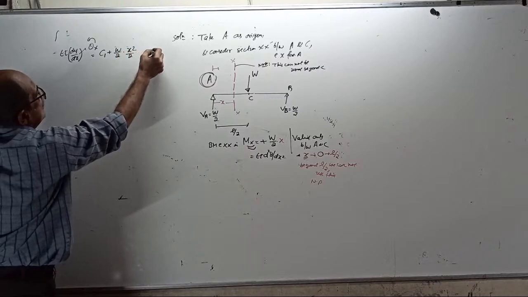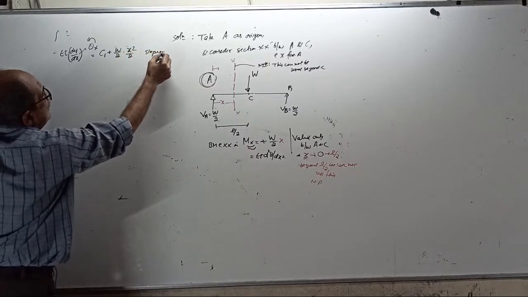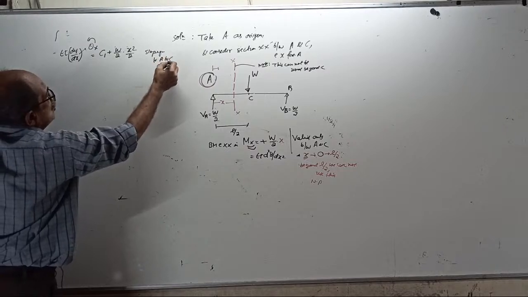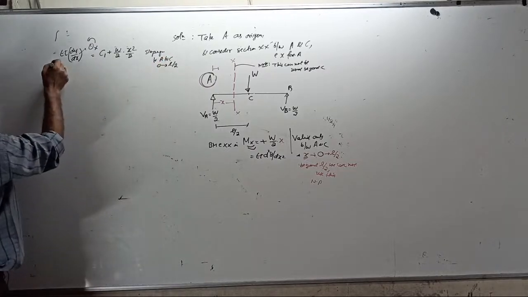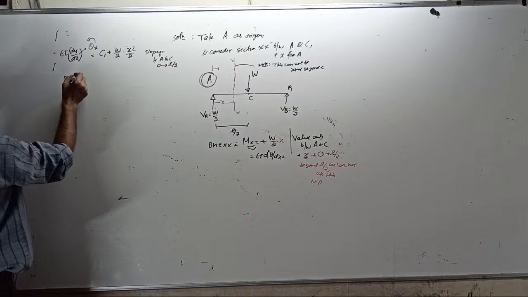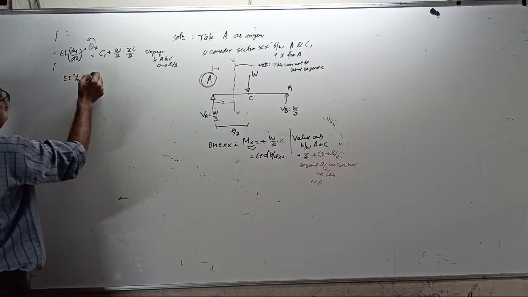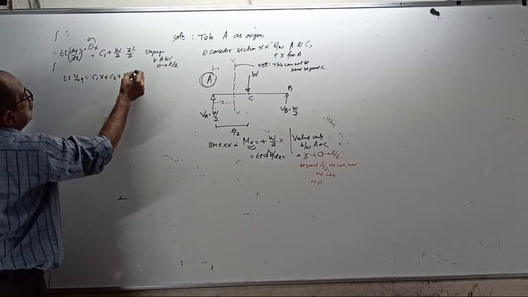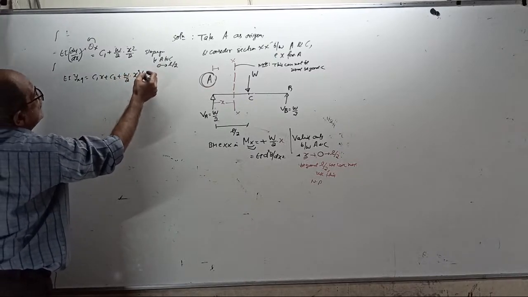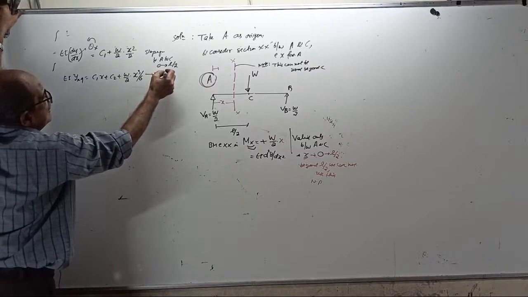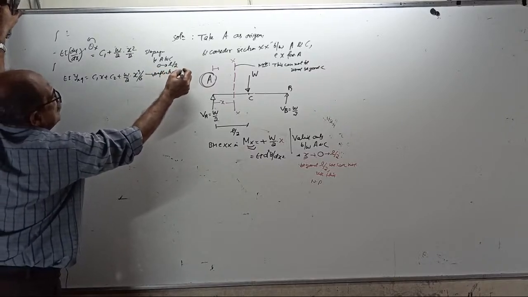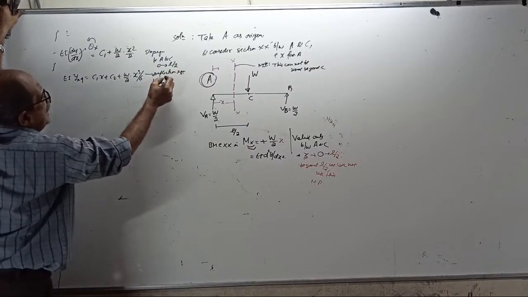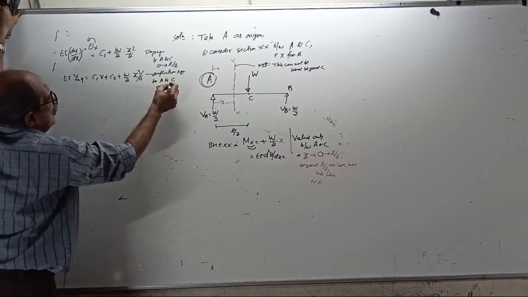Slope equation for A to C, that is 0 to L by 2. And integrate once again: EI y x upward equal to C1 x plus C2 plus W by 2 into x cube by 6. Deflection equation only for A to C, that is 0 to L by 2.